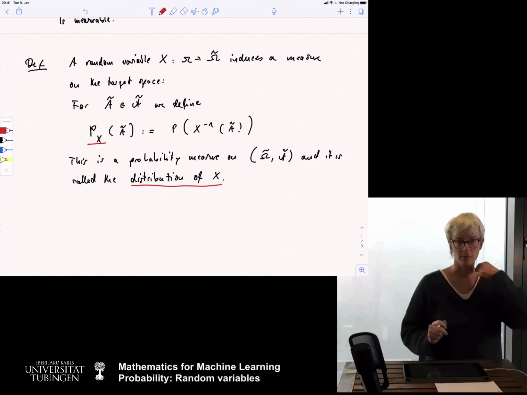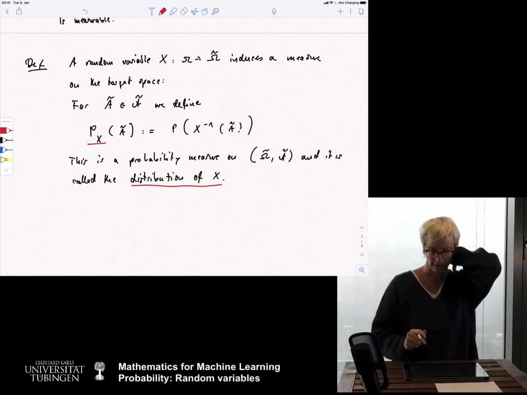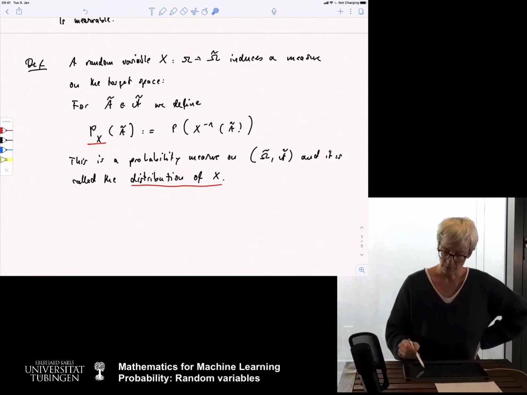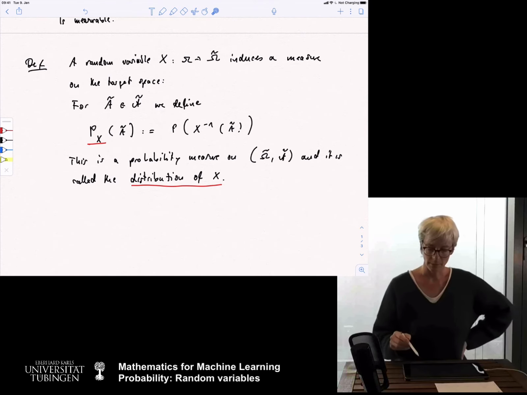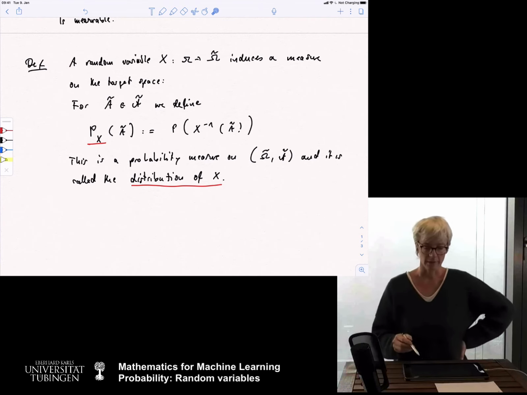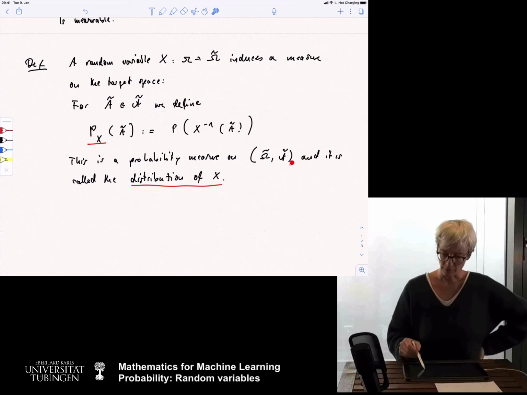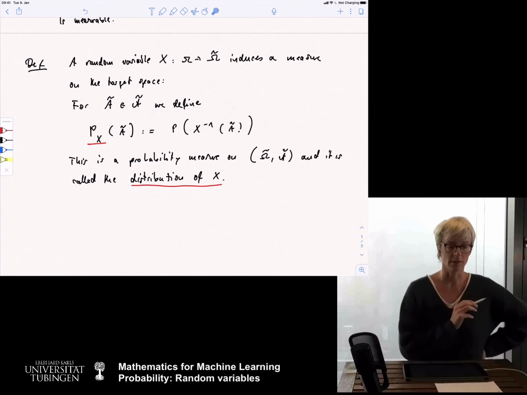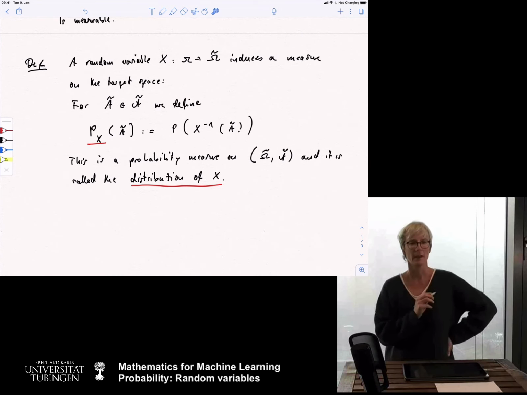I want to make one more definition, because we might need that later on. So observe here, we looked at the sigma algebra on the target space. And then we said we want the random variable to be measurable. That is, we need to achieve that for all the sets on this target space in the sigma algebra, the pre-images are measurable in the original sigma algebra.